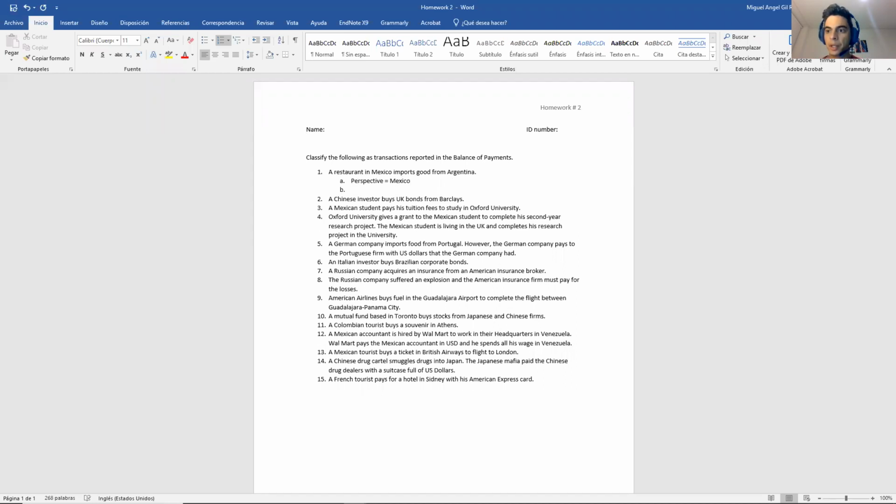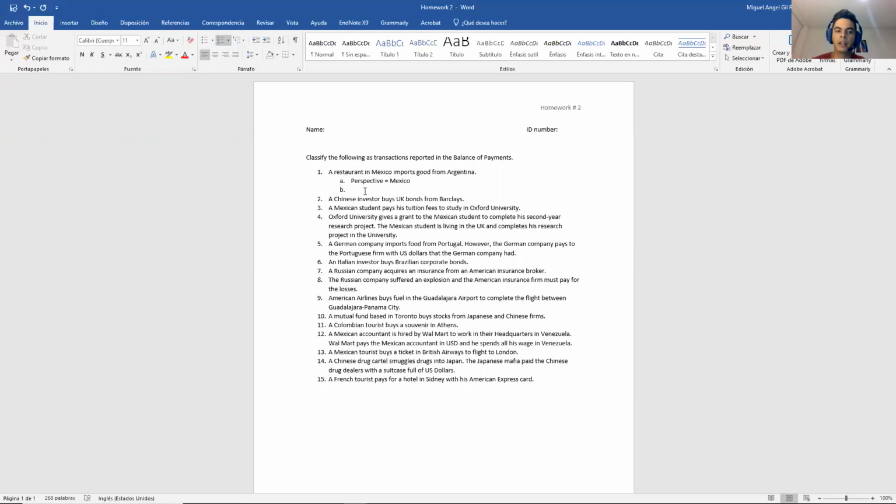With that perspective, I can answer the categorization of this transaction. It says a restaurant in Mexico imports goods from Argentina. So question number one: is there a transaction of money between countries? Yes, between Mexico and Argentina. So the answer is yes, I can continue.